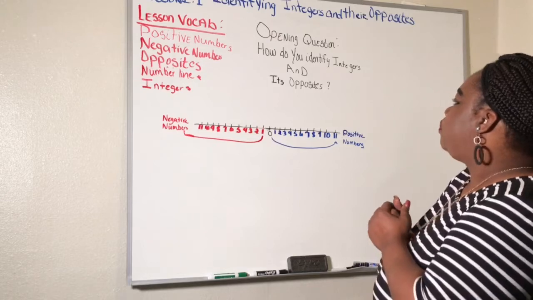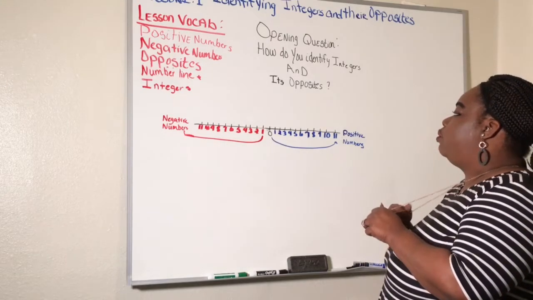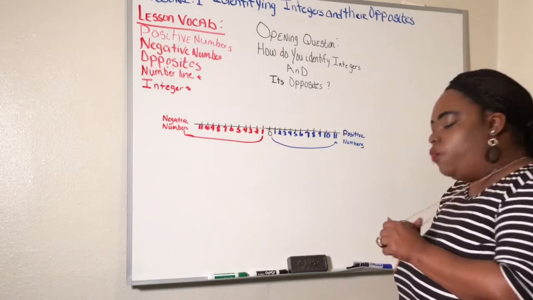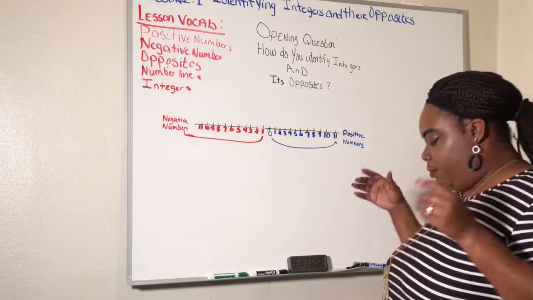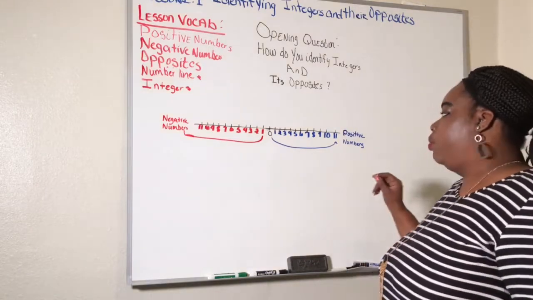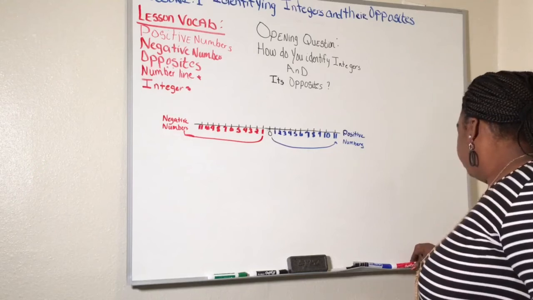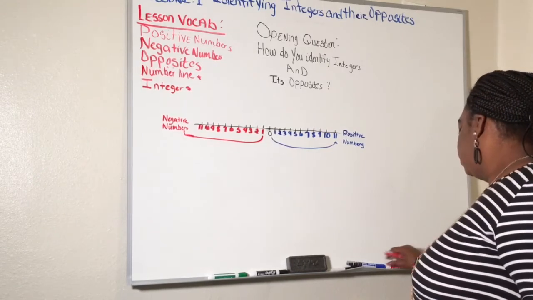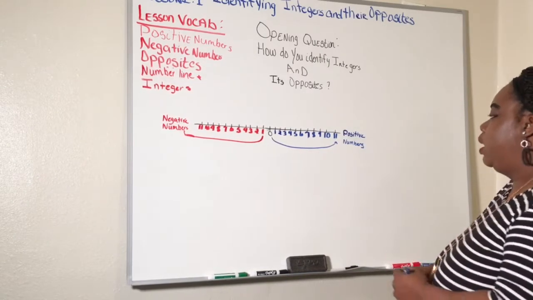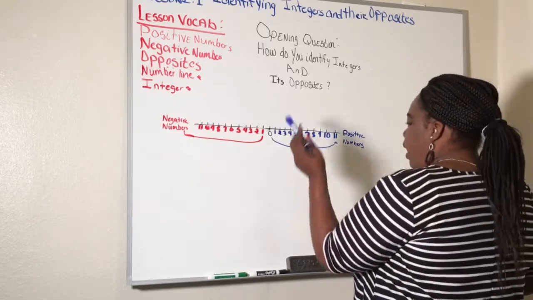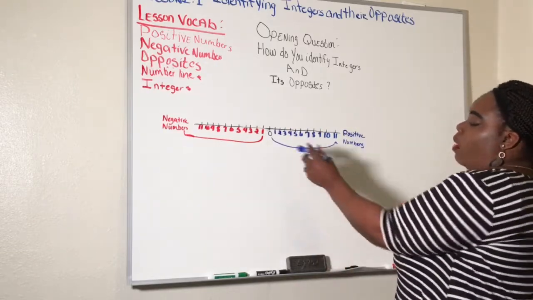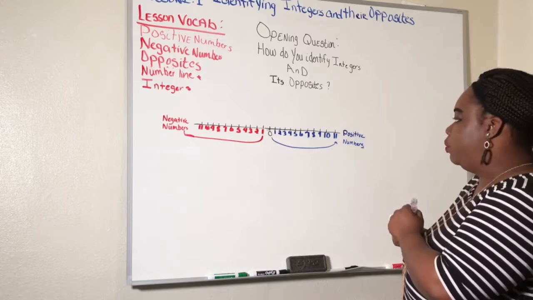Okay? So how do you identify integers and its opposite? You look for numbers that are the same distance from 0 on the number line. So, you see on my number line here, I have a red side and a blue side. On my blue side are my positive numbers.